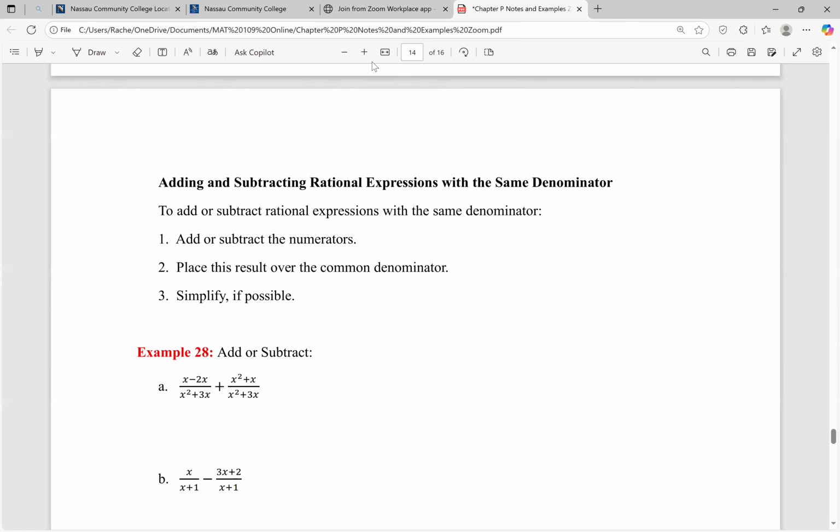So for example, if I had 1/7 plus 3/7, that would be (1 plus 3)/7, or 4/7. We're going to do the same thing if we have a rational expression. So look at example 28.